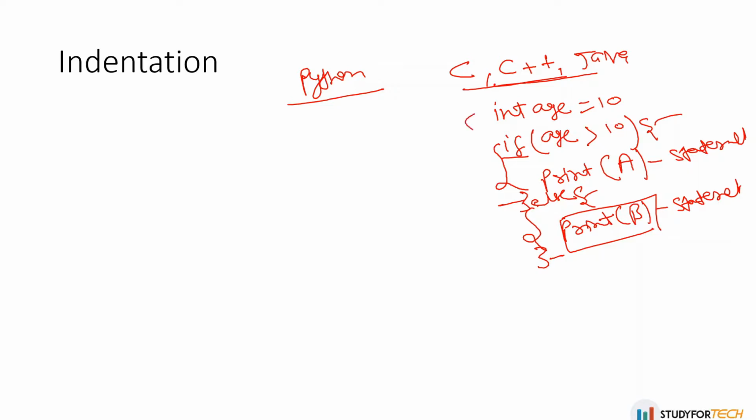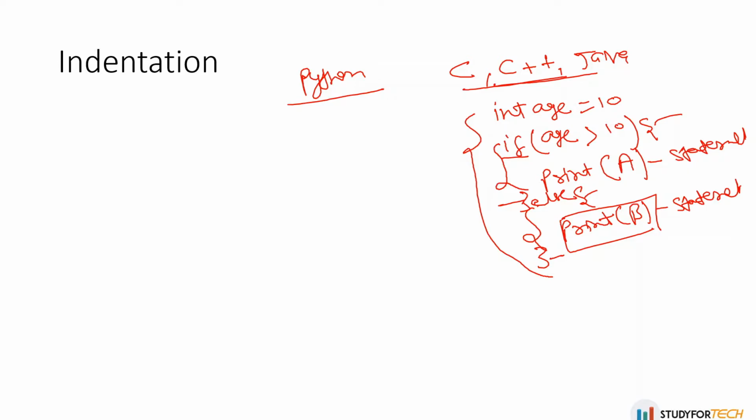But the same code, if you want to write in Python, you cannot write in this similar manner. There are no curly braces for opening and closing of an if condition or else condition. For that, we have indentation, and indentation is nothing but a space.